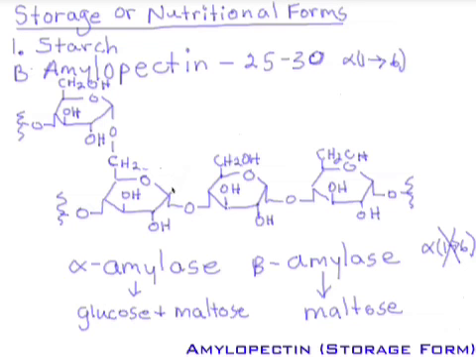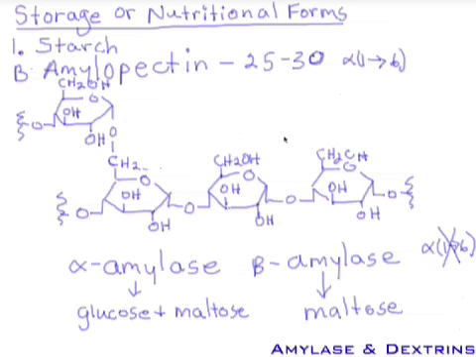Now, reaction of amylopectin with iodine yields a red-violet color. Alpha and beta amylases, as stated, can't cleave the alpha 1,6 linkage. So hydrolysis of amylopectin with these enzymes yields highly branched polysaccharides with intermediate links. They're called dextrins.